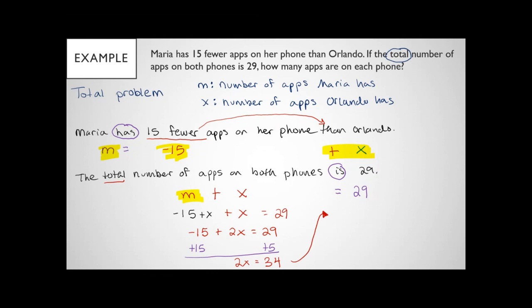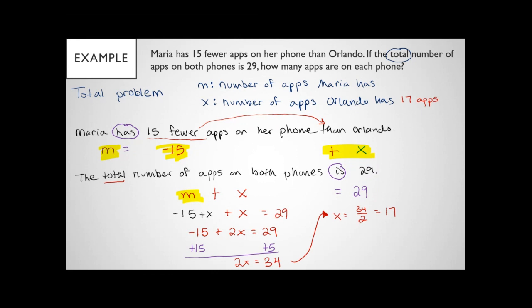So I need to divide both sides by 2. So I'm going to just rewrite it so you can see we did 34 divided by 2, and that gives us 17. So we found X, so Orlando has 17 apps.